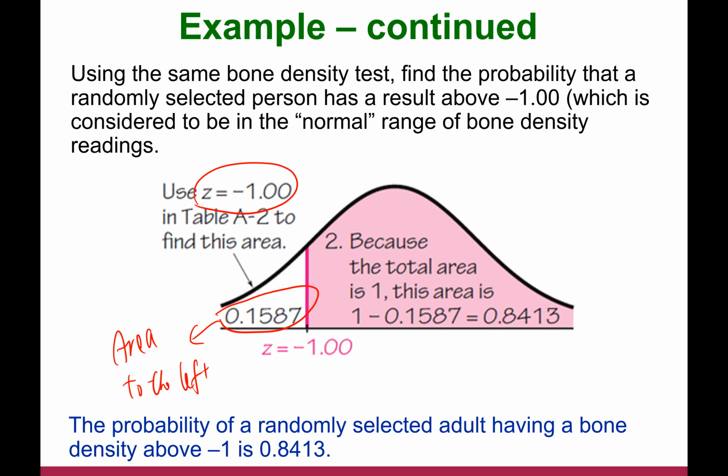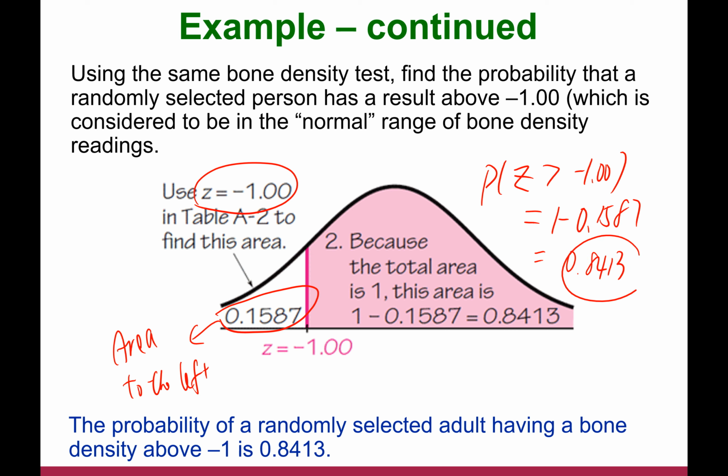Now we're looking for the area to the right. For a z-score greater than negative 1.00, that will be 1 minus 0.1587. This turned out to be 0.8413. So the probability of a randomly selected adult having a bone density above negative 1 is 0.8413.